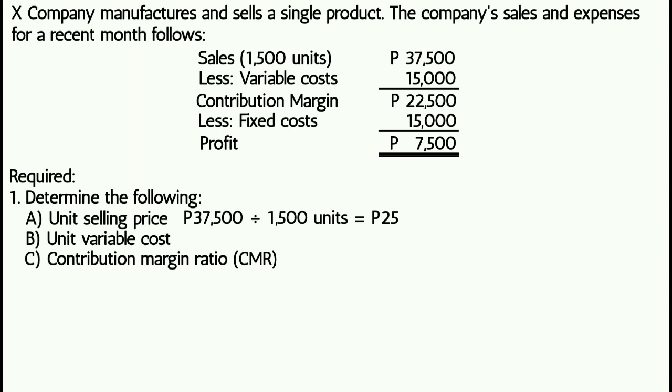Next, unit variable cost or variable cost per unit. Unit variable cost or variable cost per unit is equal to the variable cost divided by the units sold. Ang variable cost ay 15,000 pesos at ang units sold ay 1,500 units.